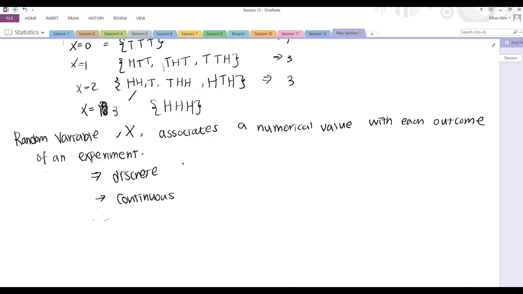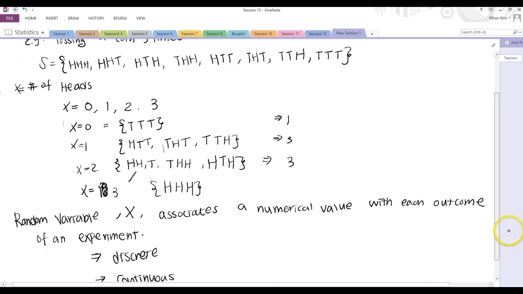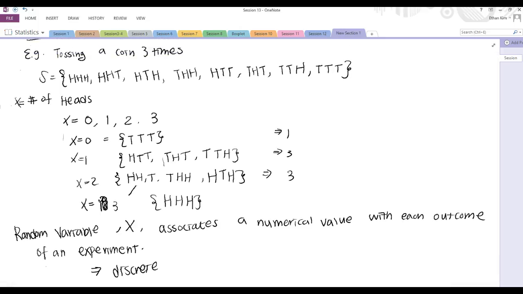Okay. All right. So just going back to this example, we already established that for sample space we have 2 cubed, so this is 8 in total, right?